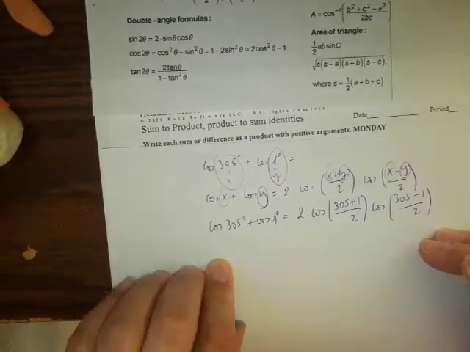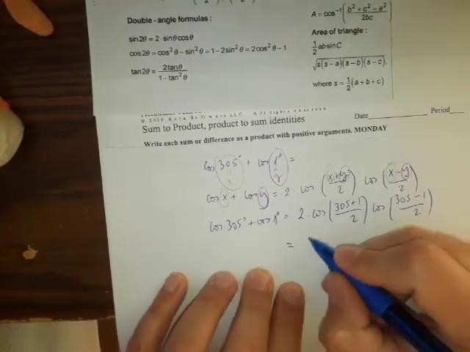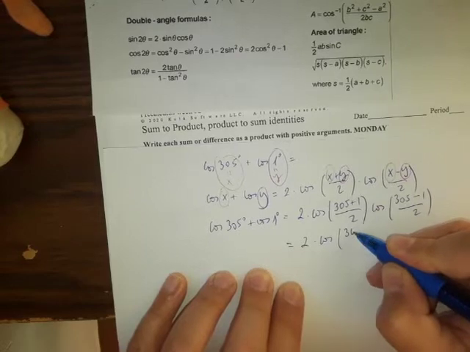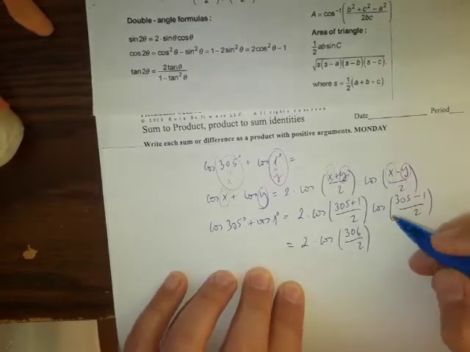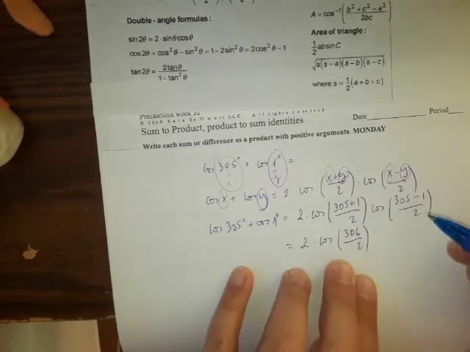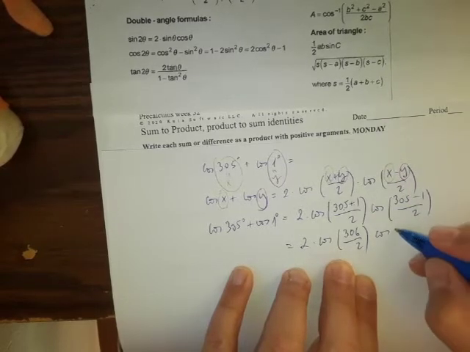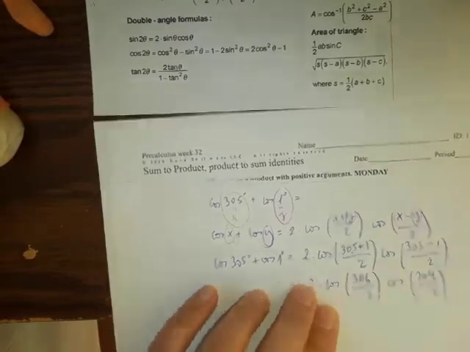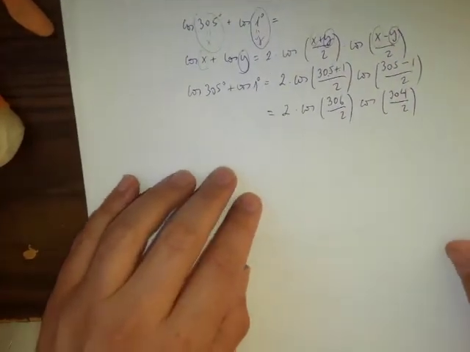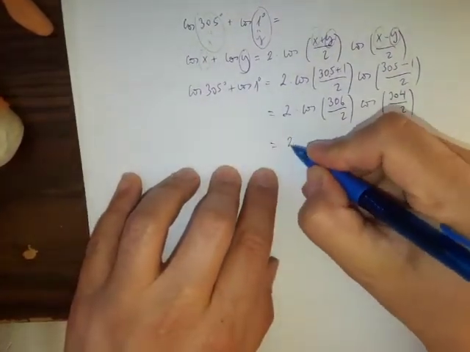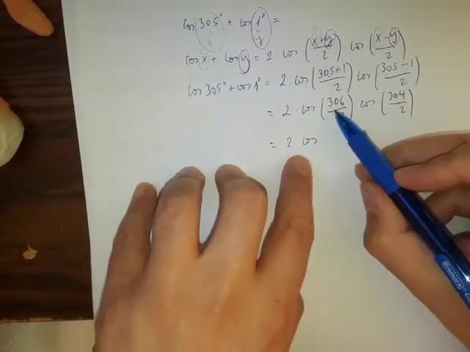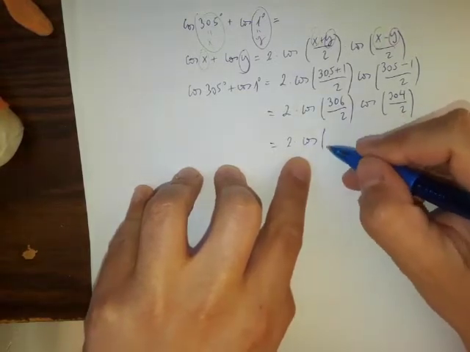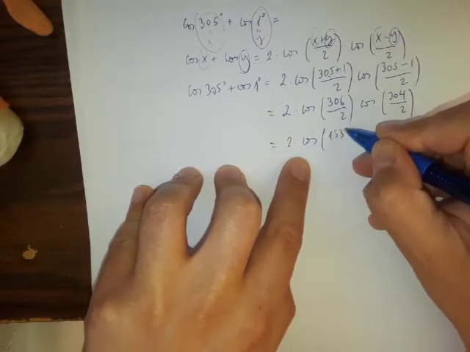Okay, when we have done this, we just have to add, and we have cosine of 306 over 2, right? We add 305 plus 1, and then here we subtract 305 minus 1, which is 304 over 2, right? Next step, we divide. So 2 times cosine, and this is going to be 306 over 2, that's going to be 153.